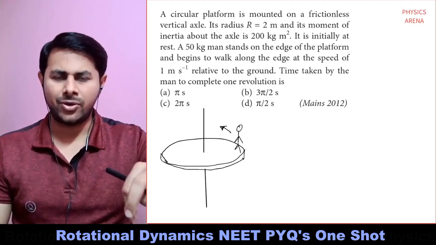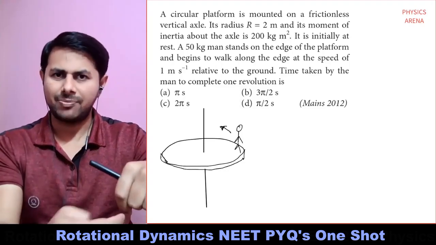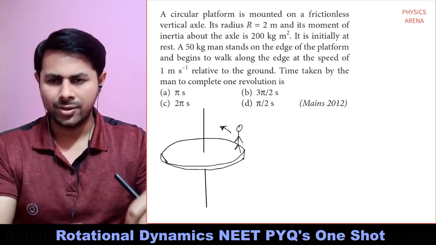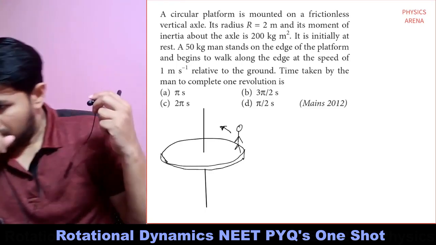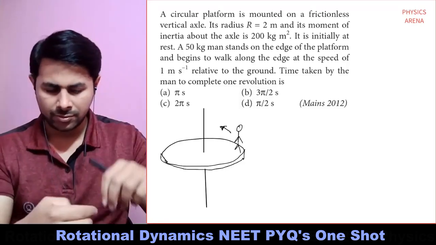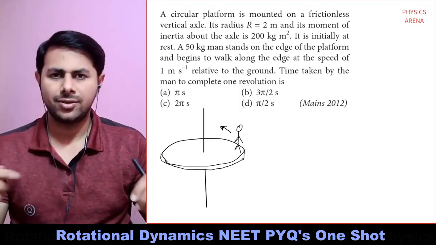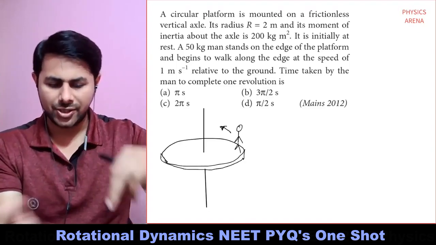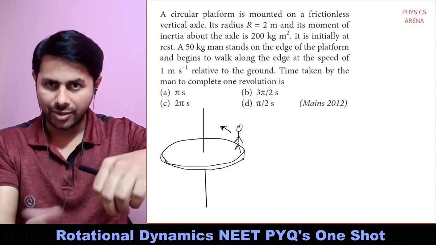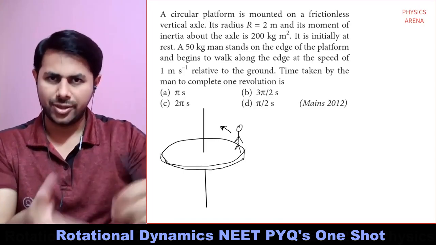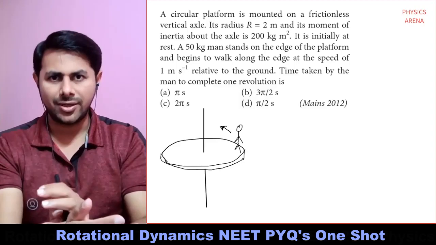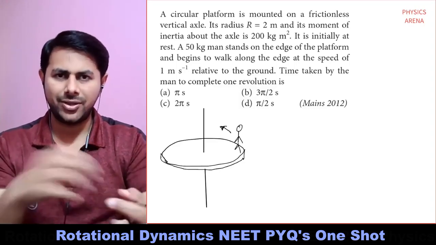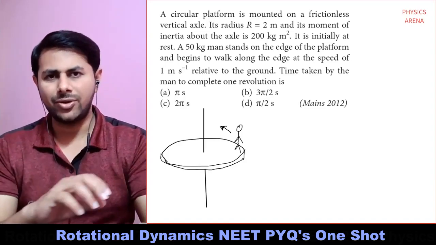When he moves in the forward direction, he is pushing the platform in the backward direction. So the platform gets a push in the backward direction, and because of that push the platform will rotate, because it is mounted on the axis of rotation, on the axle.